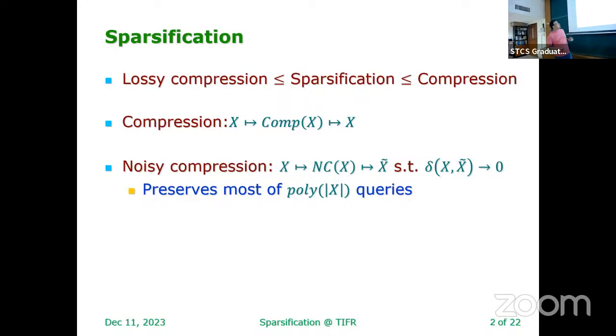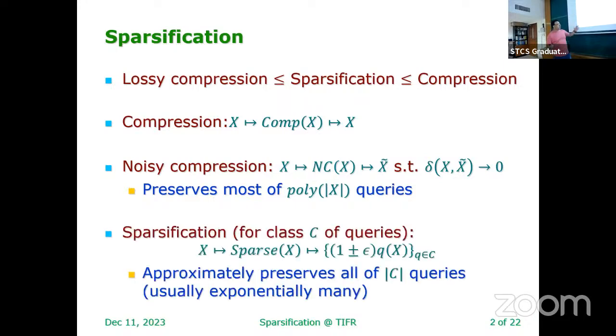Sparsification sits somewhere in between these two areas, which says that somehow we will have a fixed class of queries in mind. These are the queries that we will be looking at, and often we will be looking at exponentially many queries in the length of the string X. And still we would want to compress it so that we can answer all of these queries correctly, but approximately. So these will be real valued queries, no longer just what is the value of this bit.